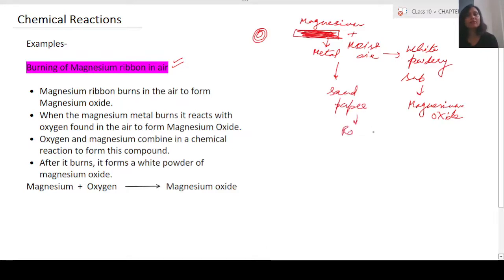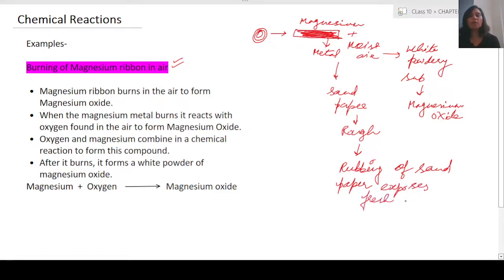When it is rubbed over the piece of ribbon, it removes the magnesium oxide layer, and you get a fresh surface of magnesium for the experiment. Rubbing of sandpaper exposes the fresh surface of magnesium for the experiment. That is why the step is done.